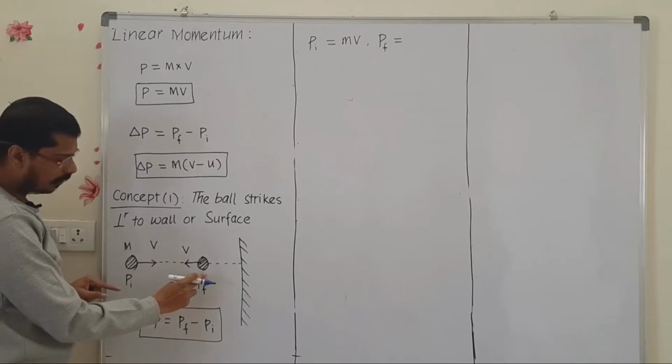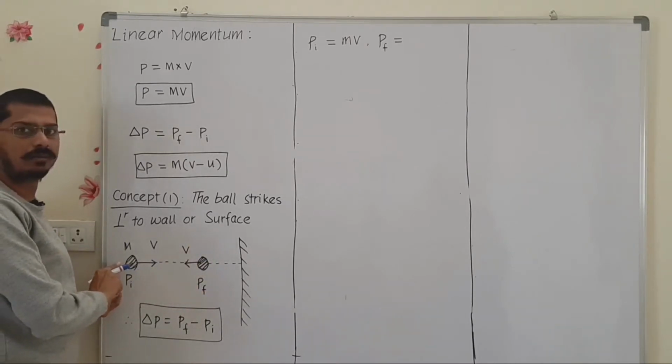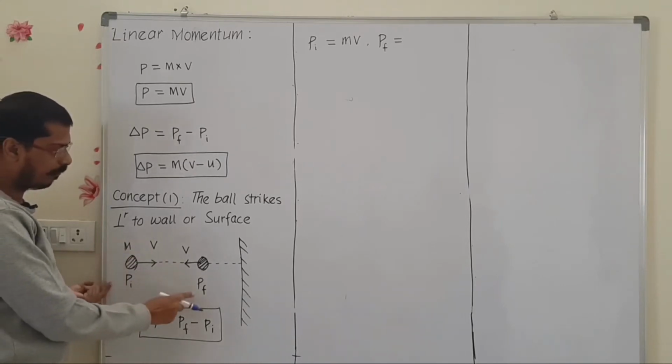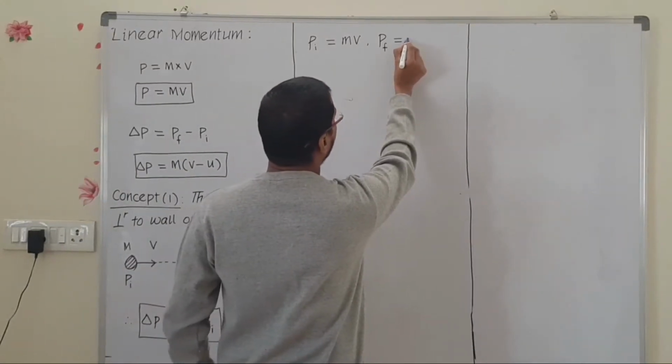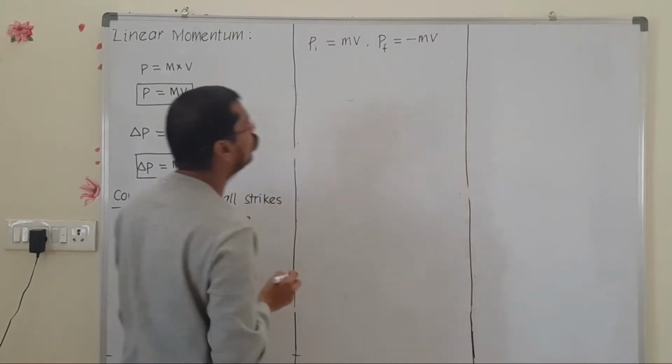After striking, the ball's final momentum is opposite to the initial momentum. That's why, with respect to the initial momentum, the final momentum is negative. That's why we can write minus m into v.